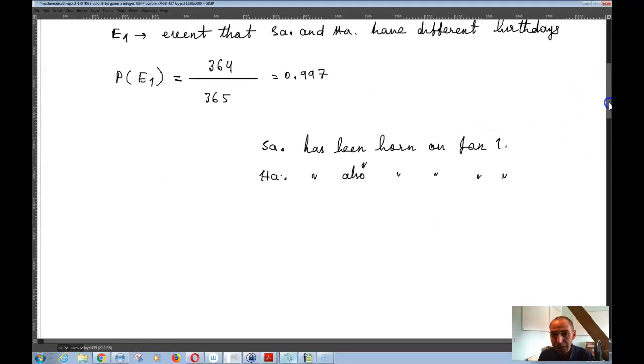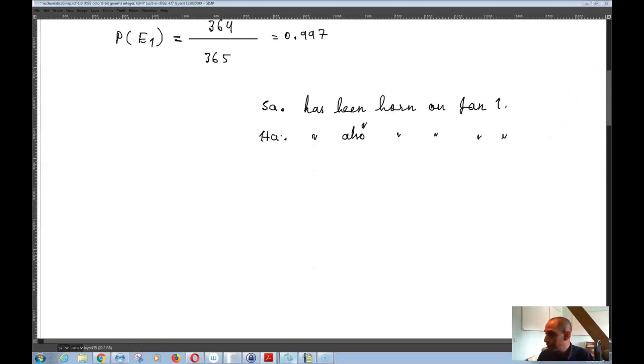Now the second part of this question is the same birthdays. So what is the probability that Savita and Hamida have the same birthdays?